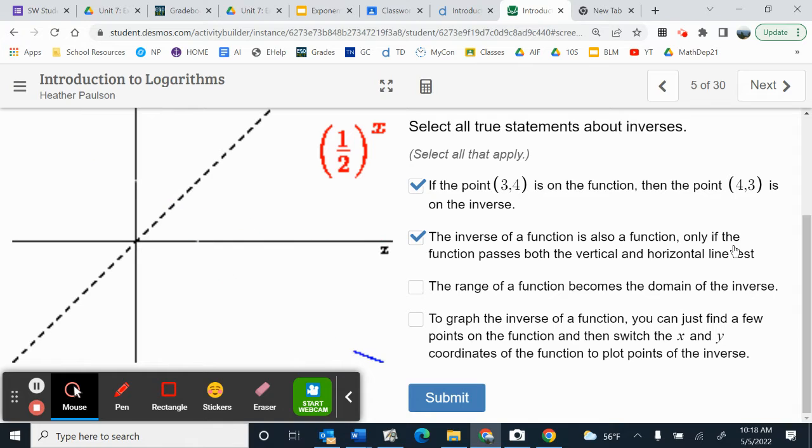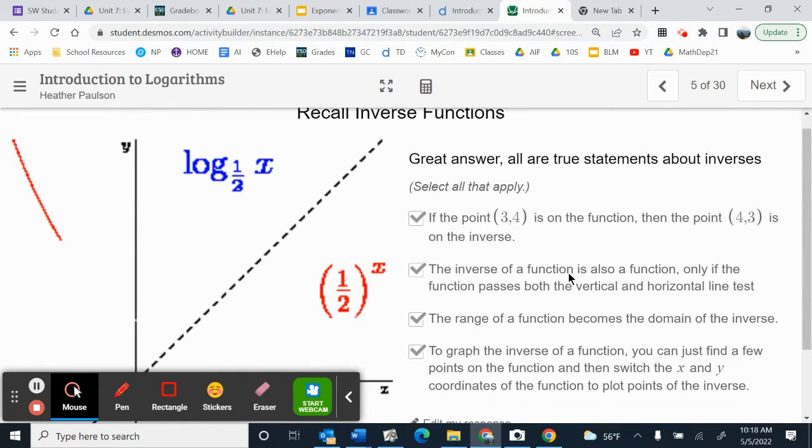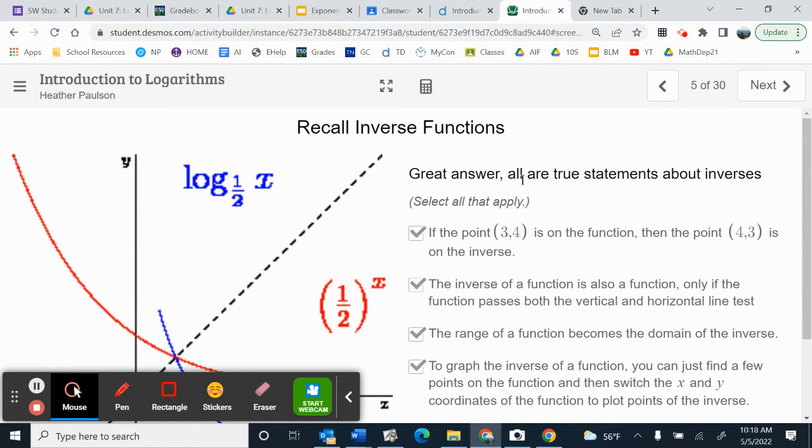Remember that from our function project? And then the range is the domain of the inverse. They switch. And then to graph the function, we just need to switch the x and the y's and plot a few points. And you'll see that is a great answer. All are true statements about inverses.